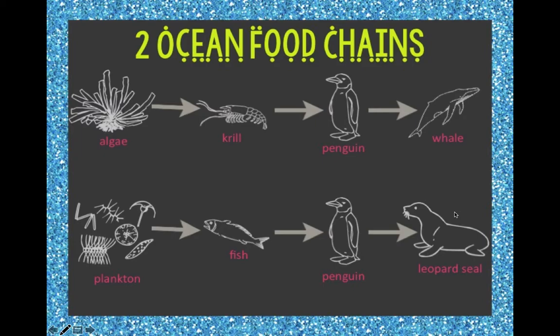So in this case, we've already gone over our first ocean food chain, and now we have plankton to fish to penguins to leopard seals. Now, depending on the type of plankton, most of the time they are producers.